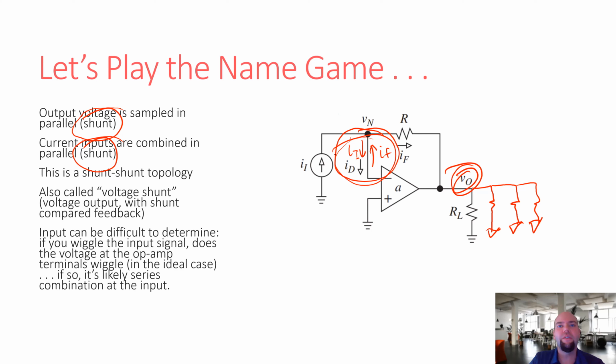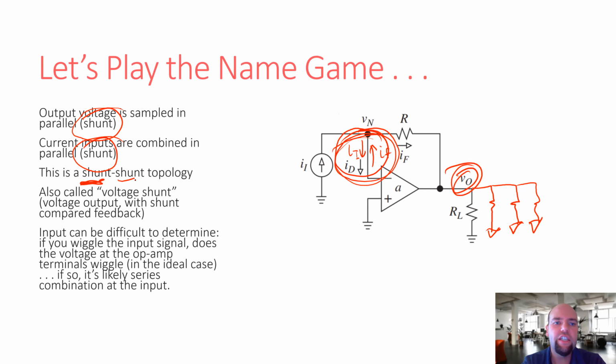So to make things even worse, the book that we use, the Franco, which is a good book, but you know it's dense, it uses the shunt naming convention. So basically, the first shunt in shunt-shunt is referring to the fact that we are combining currents in shunt at the input of the amplifier.